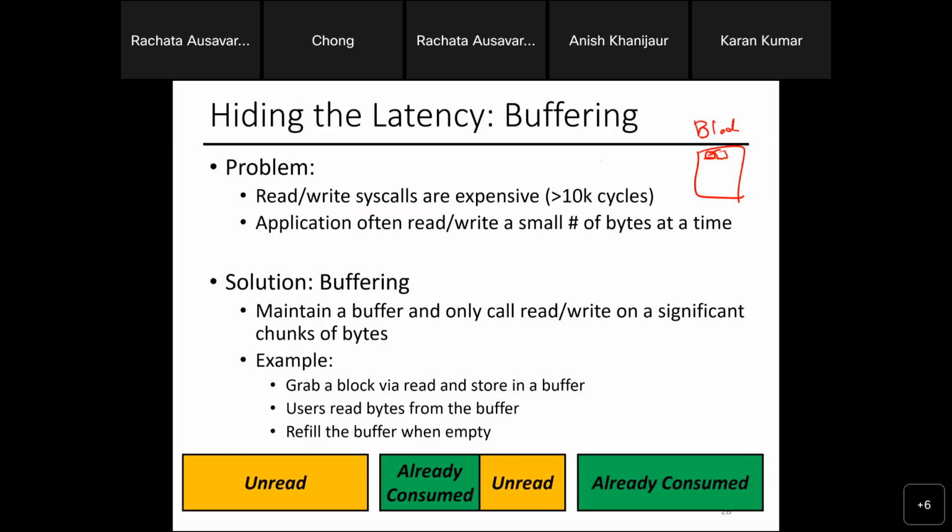So this is, say, 4 kilobytes, and I keep reading the file. This can take maybe 10 different loop iterations to reach the end. When I'm done, I can kick this out, I read the next block, put it in the buffer, and do the same thing again.